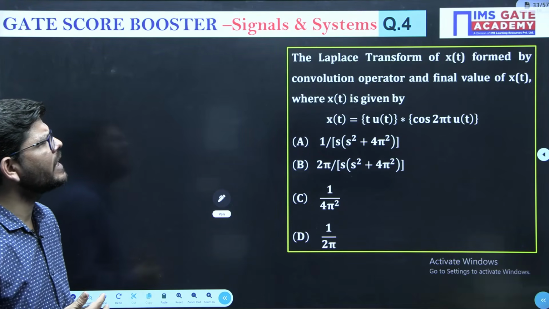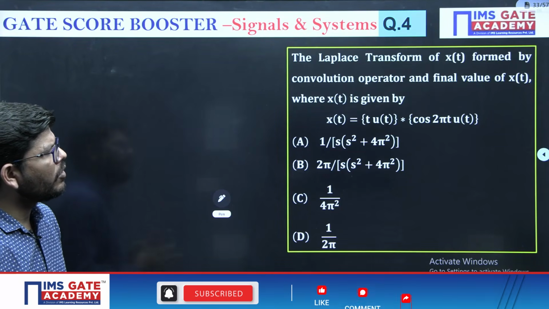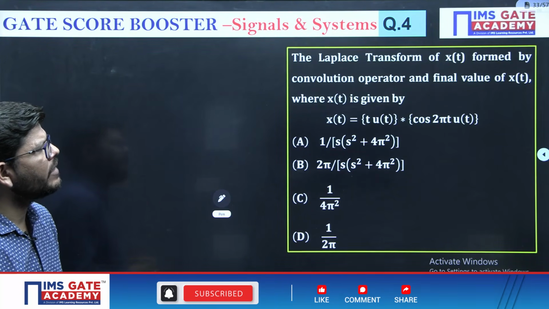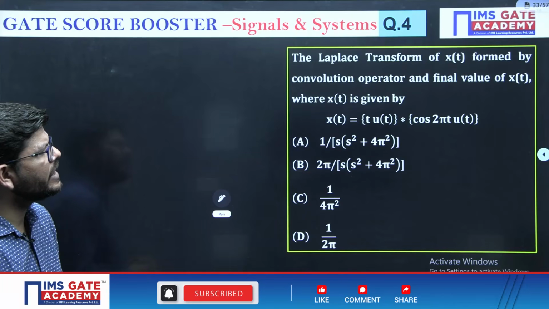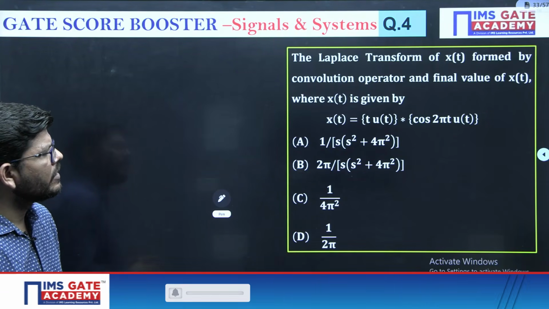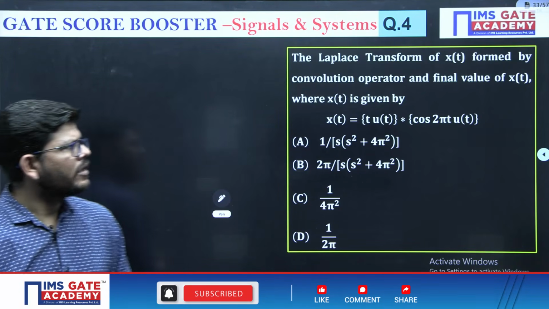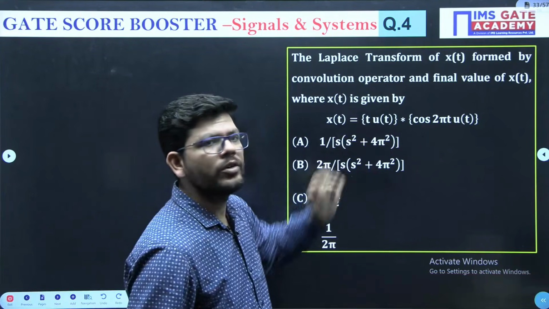Find the Laplace transform of signal x(t), formed by the convolution operator, and the final value of x(t), where x(t) is given by, right? So we have to find the final value also, and we have to find the result of this convolution.